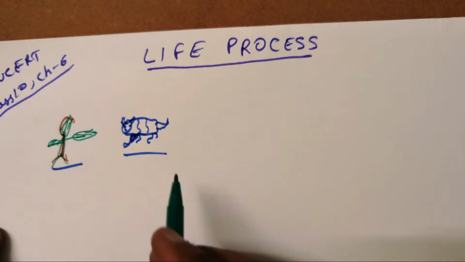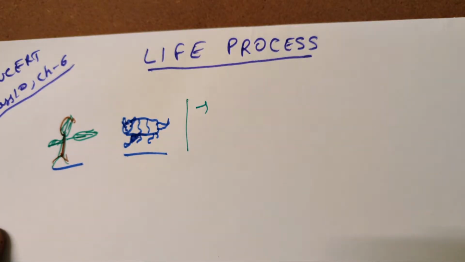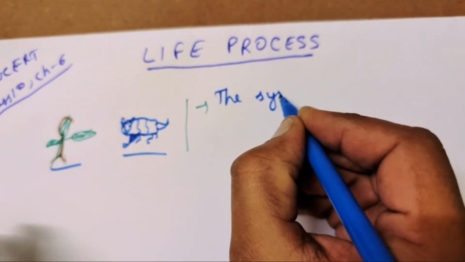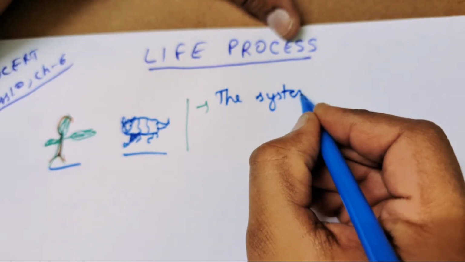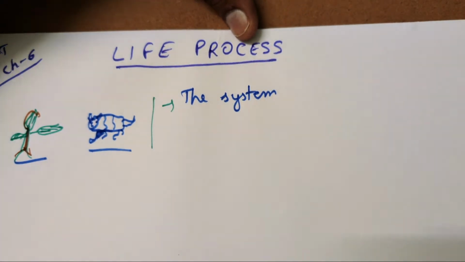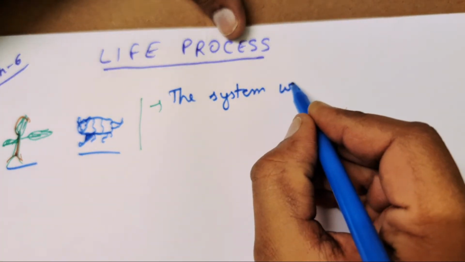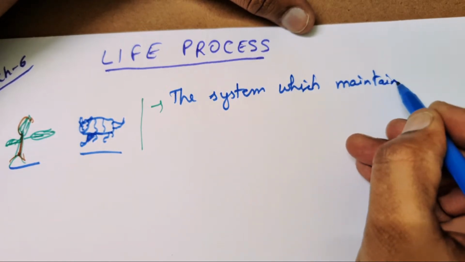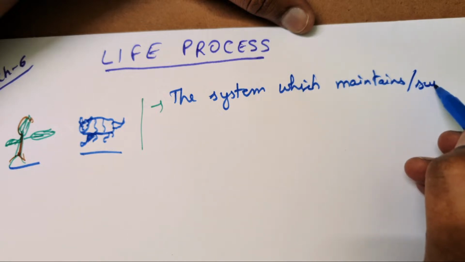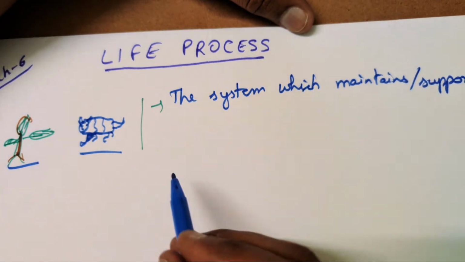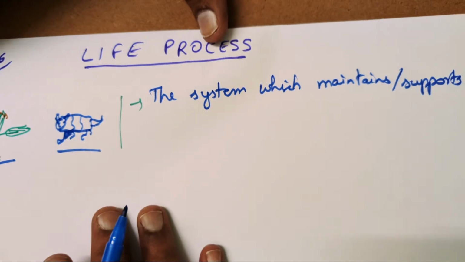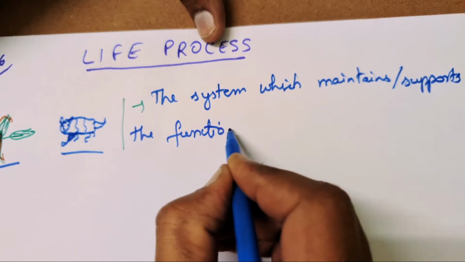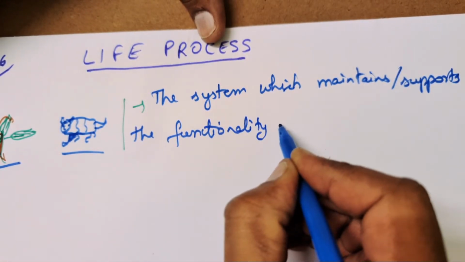So simply, the life process definition can be: the system which maintains or supports the functionality of a body.